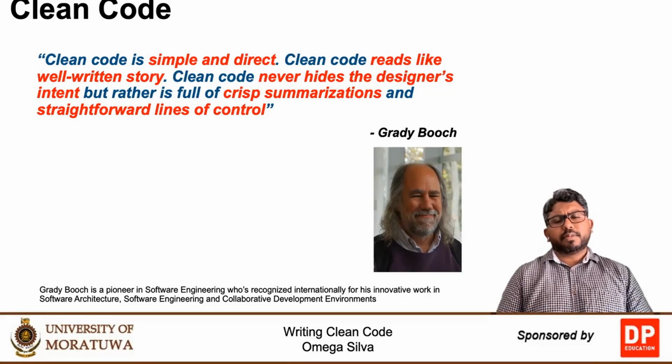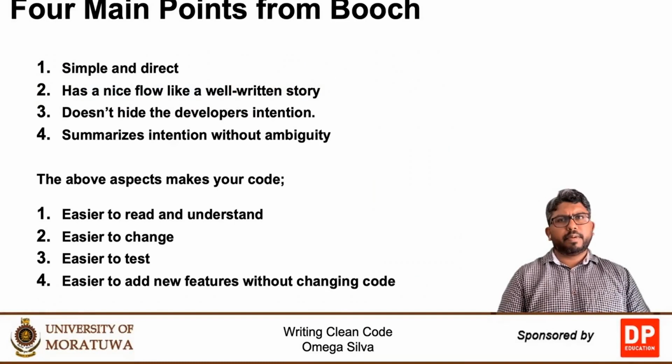So, what does this mean? If you analyze the definition of clean code provided by Booch, he highlights 4 major qualities of a cleaner code base. He says a cleaner code base is simple and direct, and it has a nice flow like a well-written story. When you read your code, it's like you're reading a story.